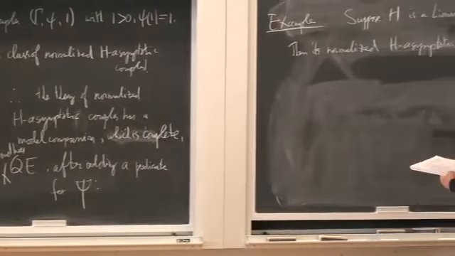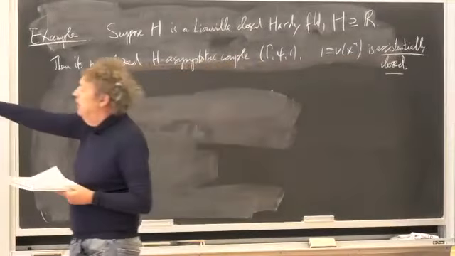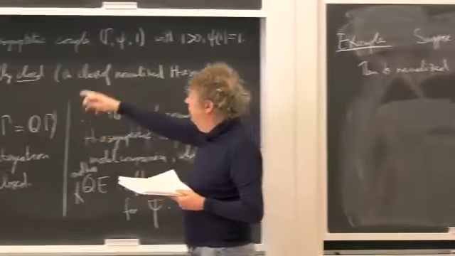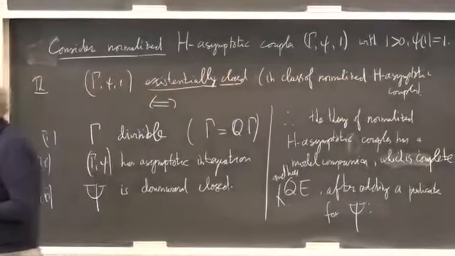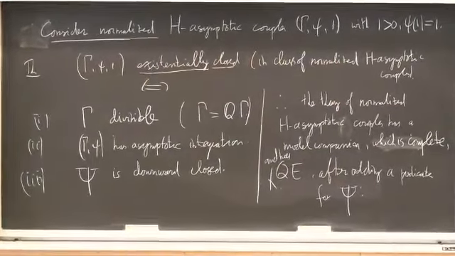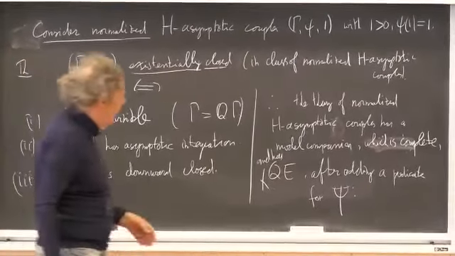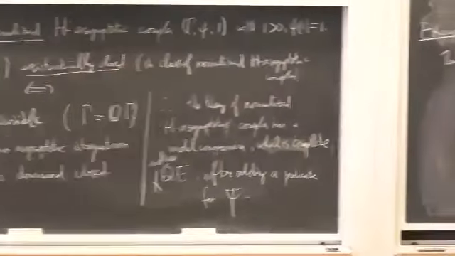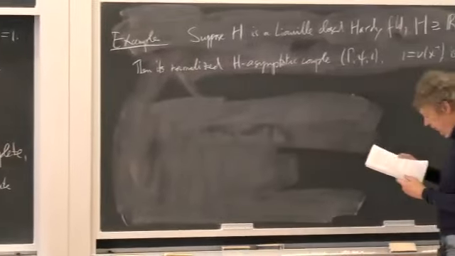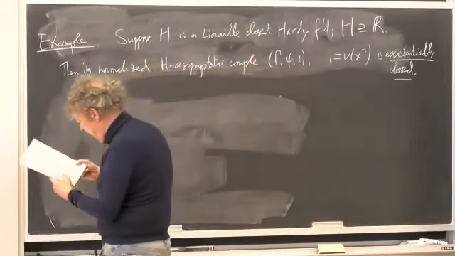Right. So these are natural. You can see that these things are not just artificial objects constructed just to satisfy model theoretic desires, but they arise here naturally as asymptotic couples of Liouville closed Hardy fields.